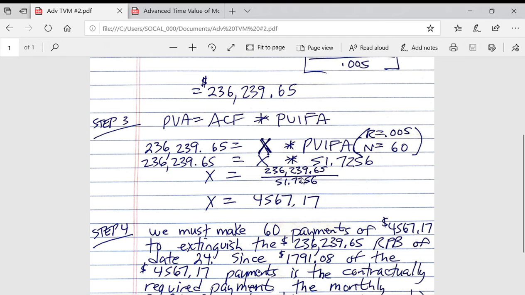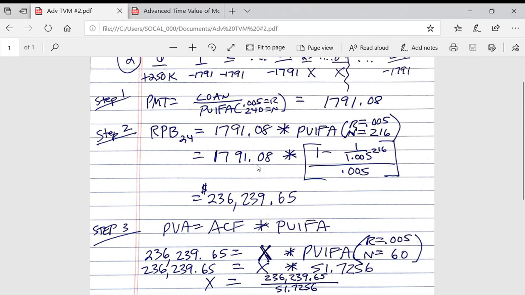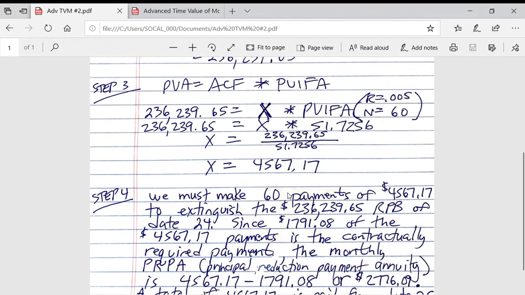But remember, X includes everything we pay. But part of what we pay is the contractually required amount of $1791.08. So let's look here at step 4. Step 4 says we must make 60 payments of $4,567.17 to extinguish the $236,239.65 remaining principal balance of date 24.